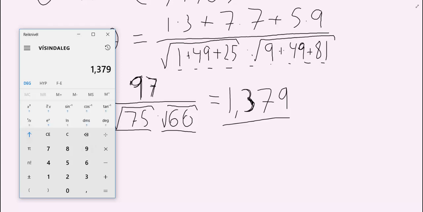1.379. It is not happy with that as the input into the arc cosine. Right, 0 arc cosine, 90 degrees. Great. Of course it's not happy with this input. This doesn't make any sense.